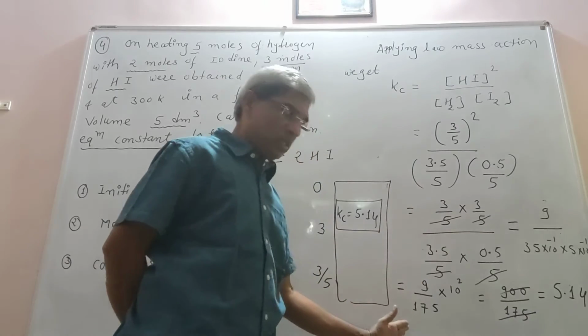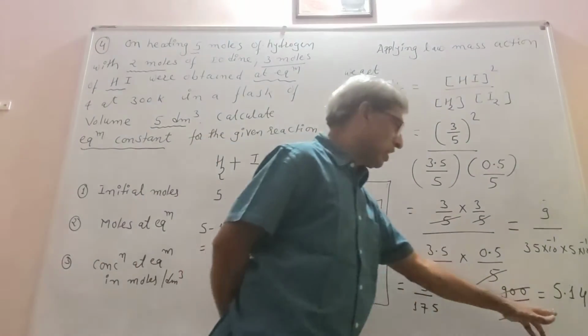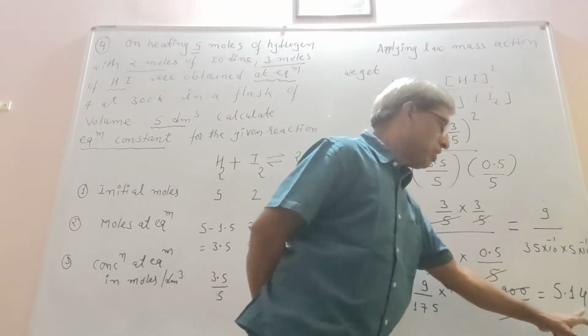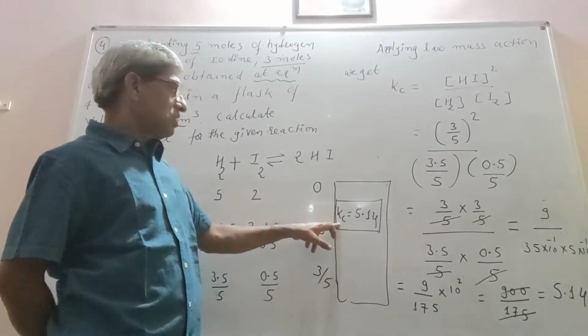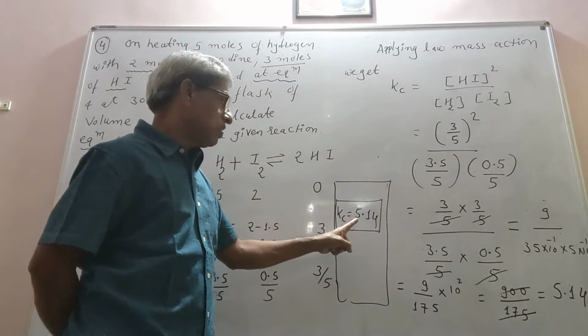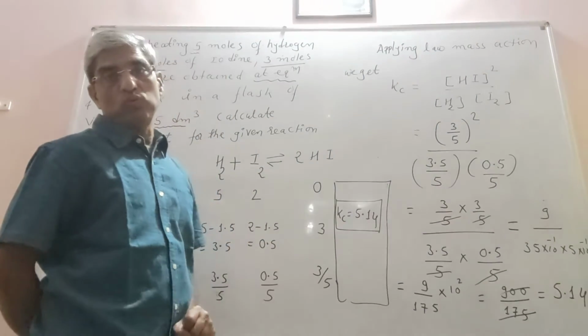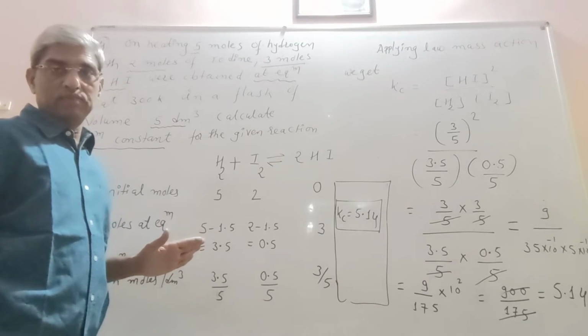Then after simplification, the final answer becomes 5.14. Therefore, the equilibrium constant at 300 Kelvin for the given reaction is 5.14. I hope we got this numerical.